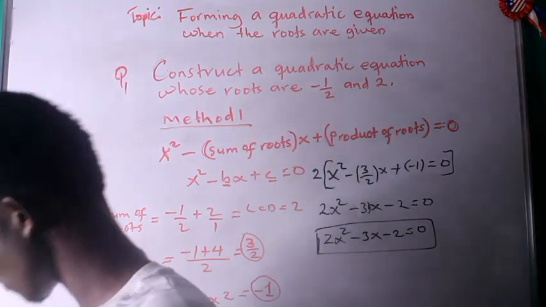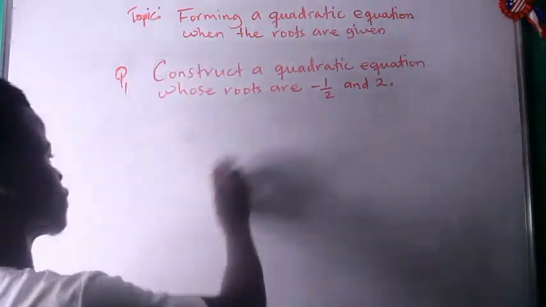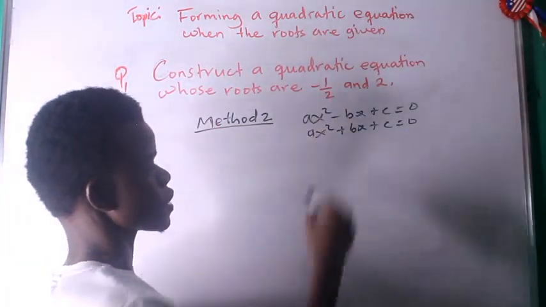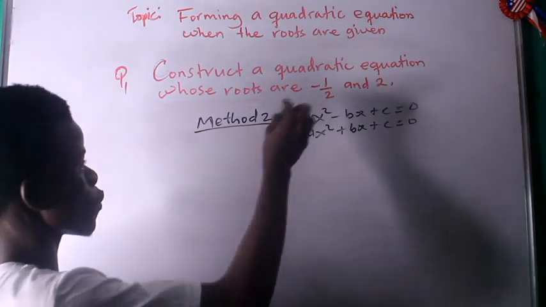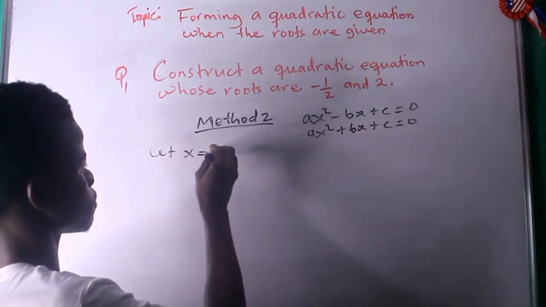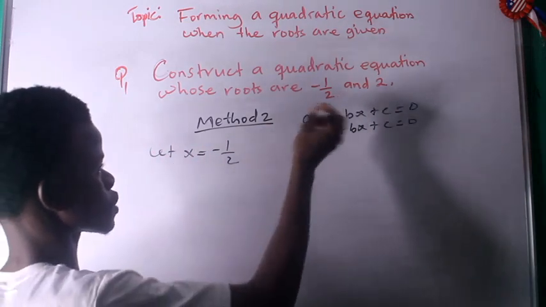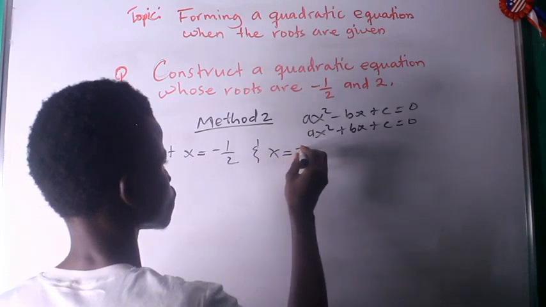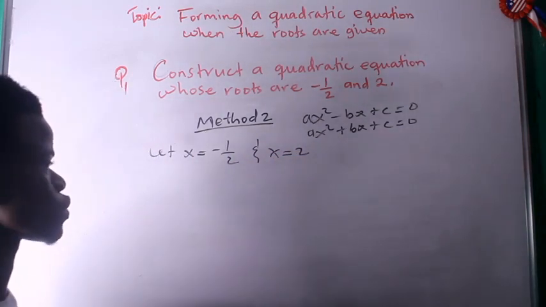The second method we use here is the factor method. We can say let x equal minus 1 over 2, and since there are two roots, we also use x equal to 2, because there are two separate roots.